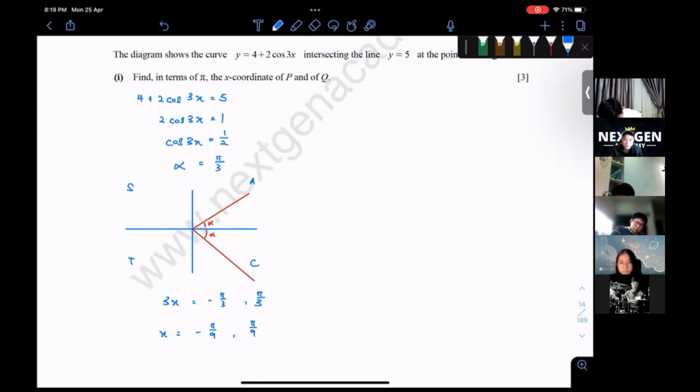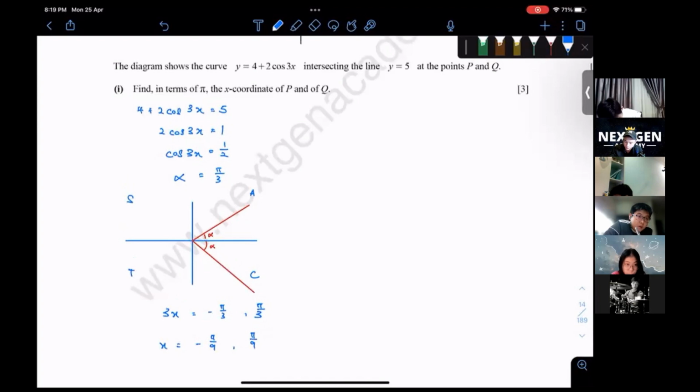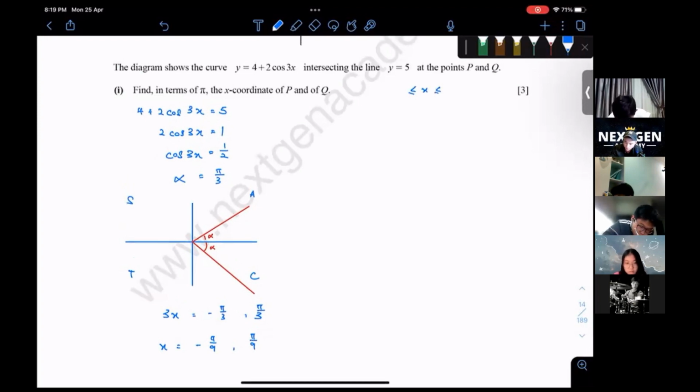Okay, you all understand? Where does the negative come from? It's observing from the graph. So remember, if I give you the domain, let's say my domain, x is like we always do this question, negative 180 degrees to 180 degrees.